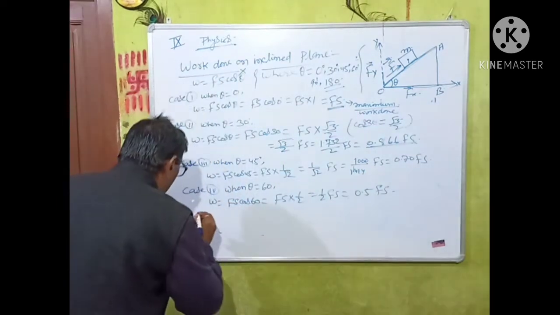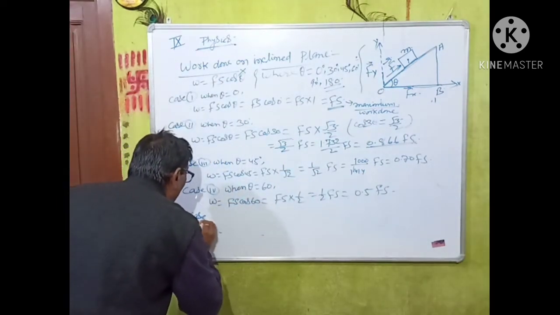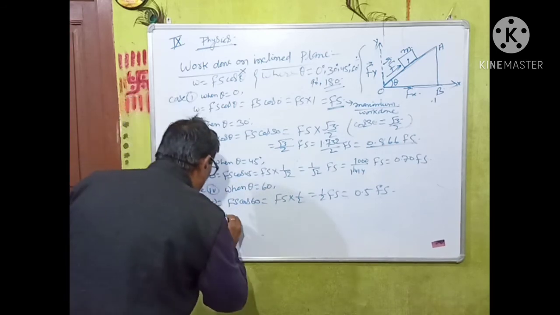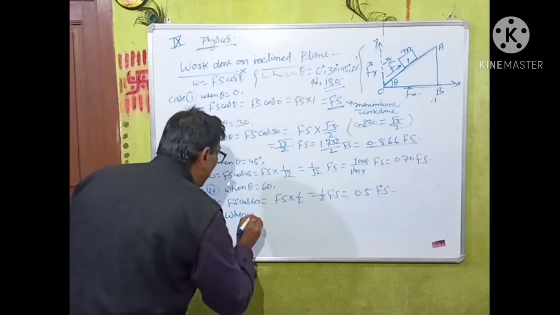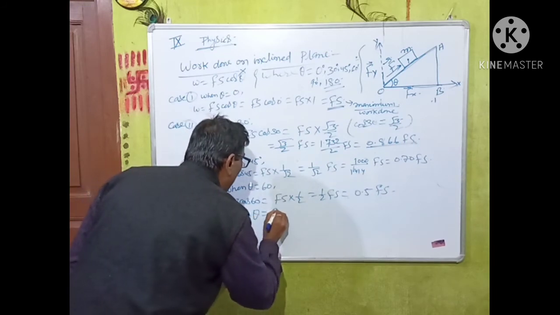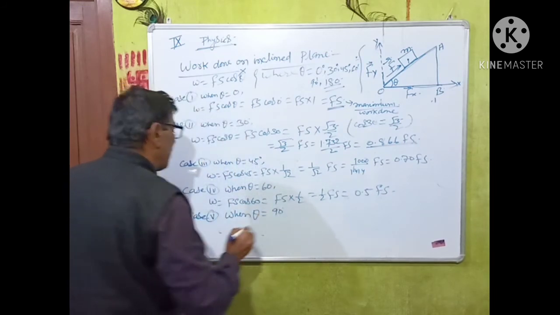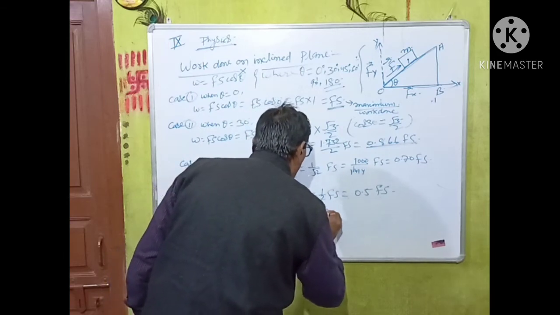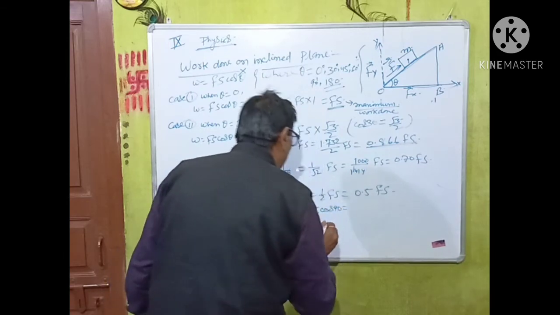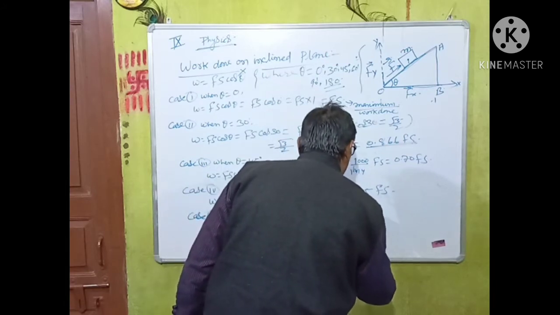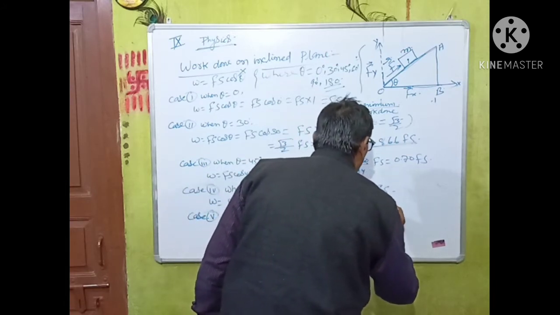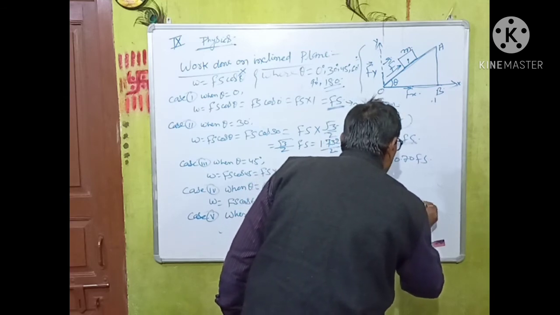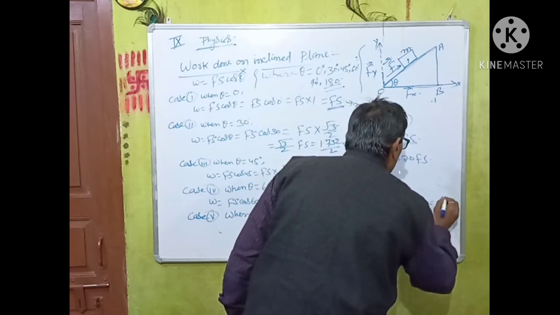Now case fifth, when theta is equal to 90 degree, then W is equal to Fs cos 90 degree, which is Fs into 0, equal to 0, because cos 90 degree is equal to 0.